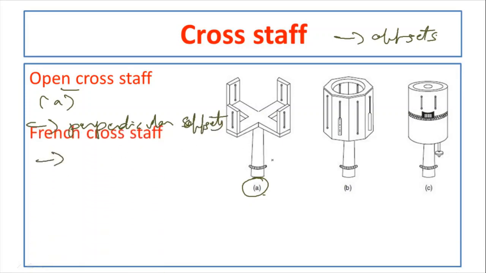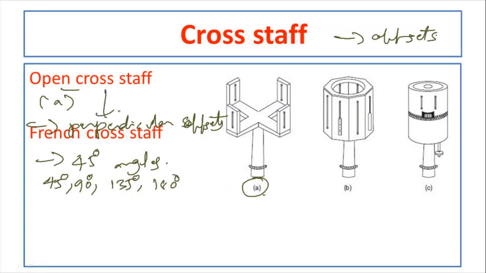Then next one is the French cross staff. This French cross staff is used to establish offsets at 45 degree angles. You can establish offsets of 45 degrees, 90 degrees, 135 degrees, all these, using the French cross staff. So with the open cross staff you can establish only the perpendicular offset, whereas with the French cross staff you can establish offsets at multiples of 45 degrees.